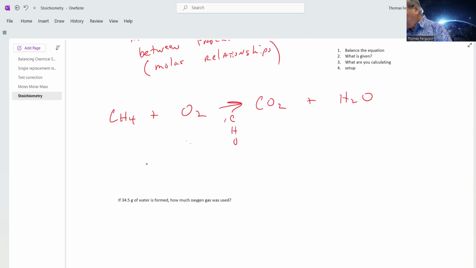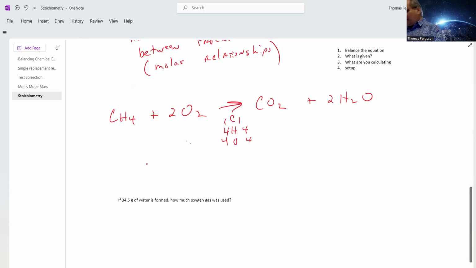Okay, so we have 1 carbon, 4 hydrogens, 4 hydrogens, 4 oxygens, 4 oxygens. Okay, it's balanced now. Now it's crucial, I want to emphasize this, it's crucial you balance the equation correctly, because there's going to be a ratio of the coefficients from the balanced equation in the middle step.